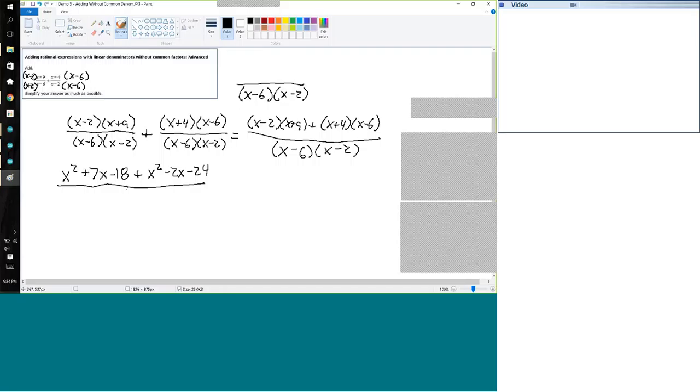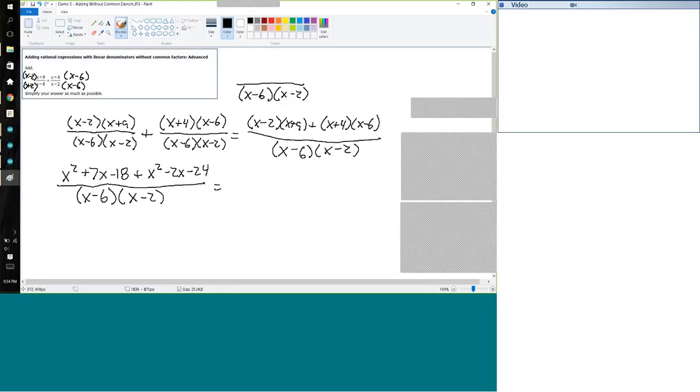So if we go ahead and FOIL that out, we get x squared. Actually, you know what? I'm not going to FOIL that out just yet, just because they say simplify your answer as much as possible. And even though I really don't expect it to happen, there's a very slight possibility that we might be able to factor out our resultant of these two to find something that boils down nicely.